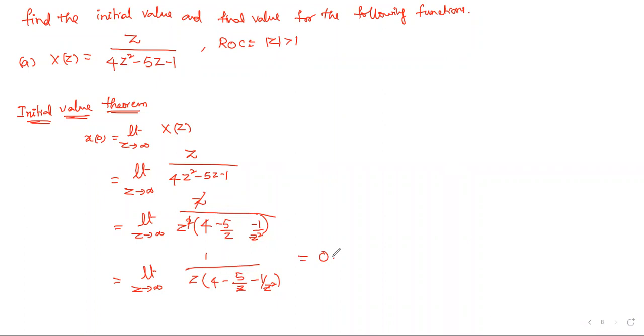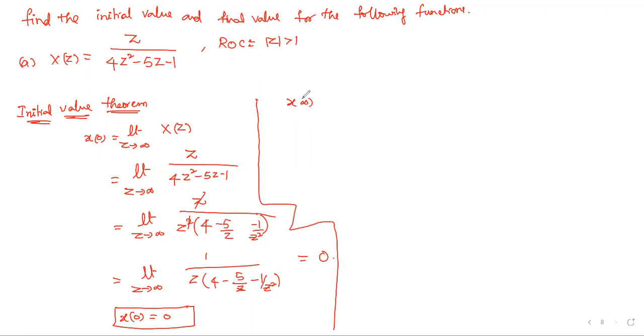Now we will see the final value. X of 0 is 0, this is the initial value. Now what is the final value?